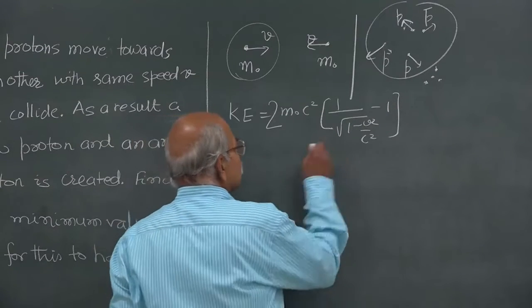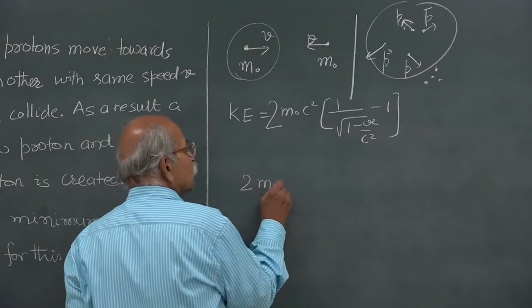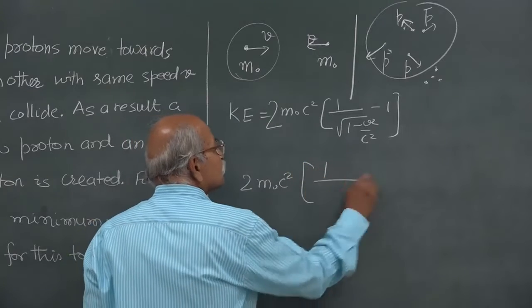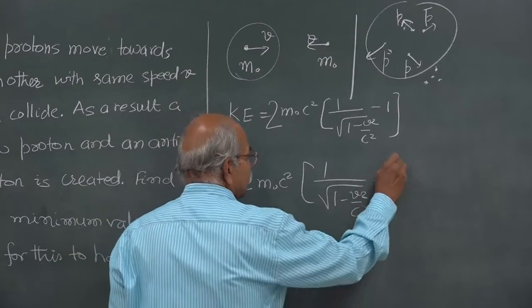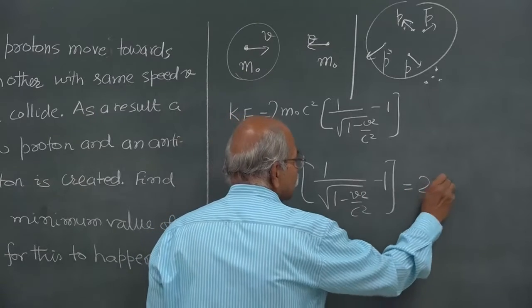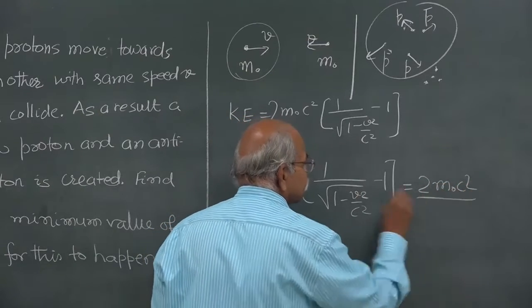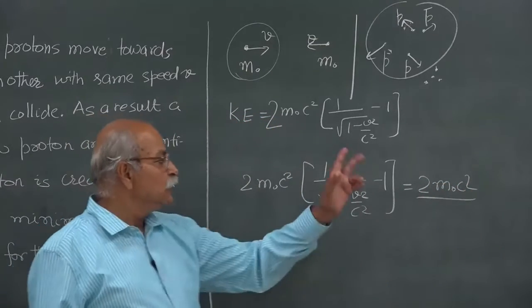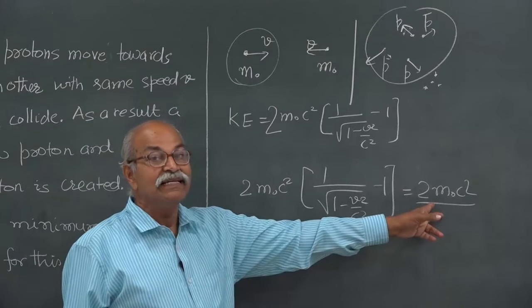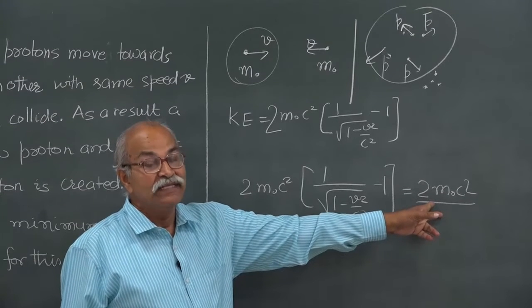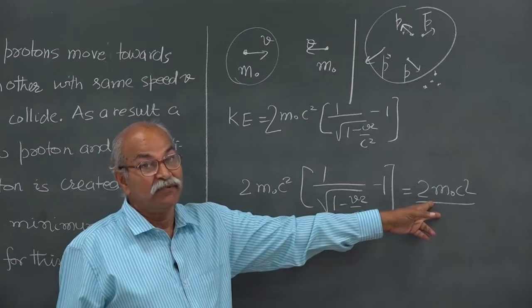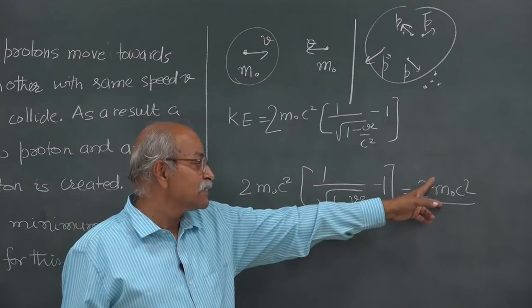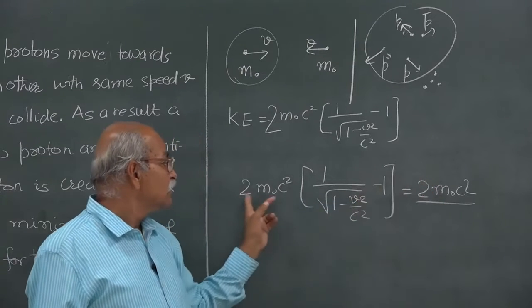Therefore this should be equal to 2 m naught c square into 1 by square root of 1 minus v square by c square minus 1, that should be equal to 2 m naught c square. This is the new rest mass energy that has been created due to collision. The 2 particles, one extra proton and one antiproton, that rest mass energy is here, and that is coming from this kinetic energy.